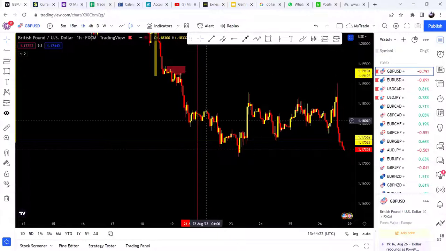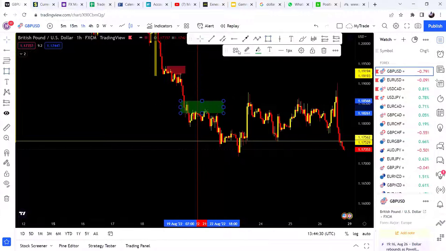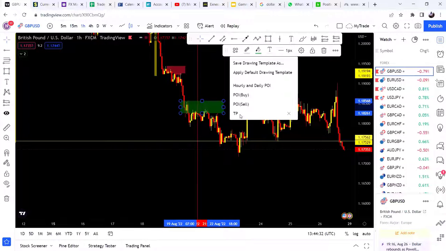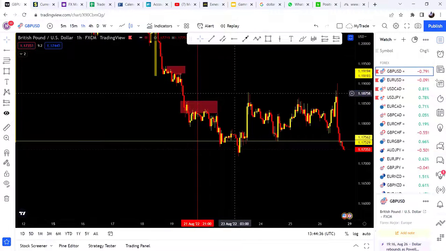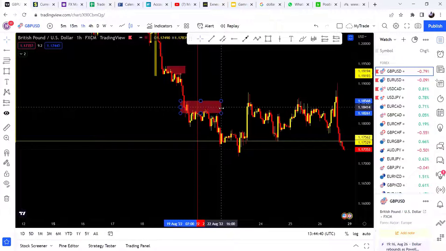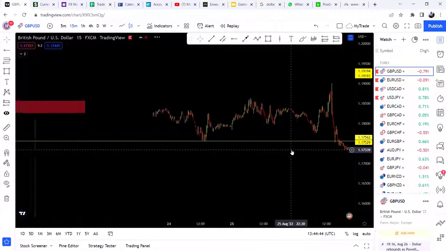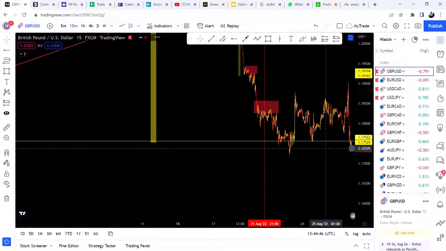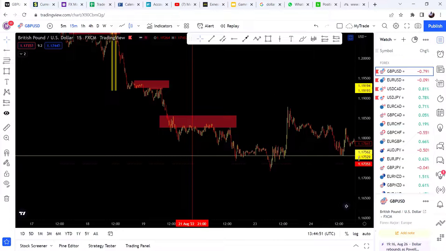Of course, if the market opened here, then I will probably mark this zone for sell. That time I didn't take any trade over there, so this will be the first thing I will consider. Then after this, I will switch to 15 minutes and see whether we could have had entries.